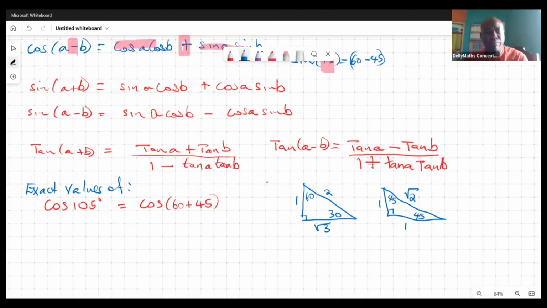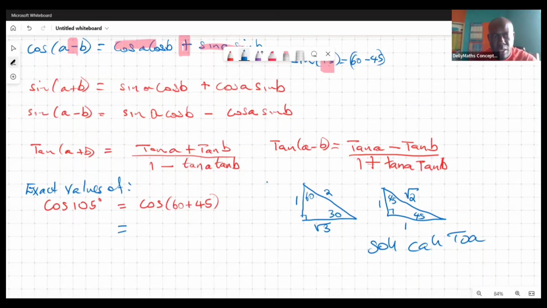So now we're going to take the values of those, but you're still going to go back to your trig ratio. Combining everything now, we're dealing with the cos of these. So you're going to have to represent what cos means first.